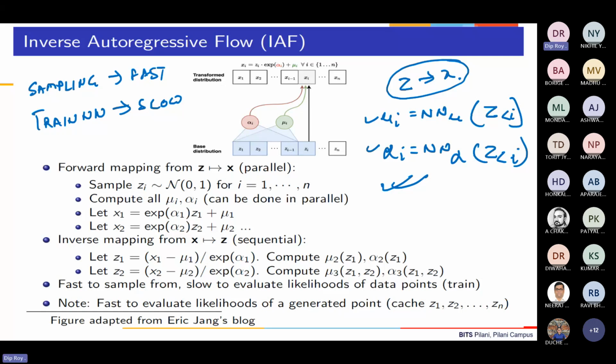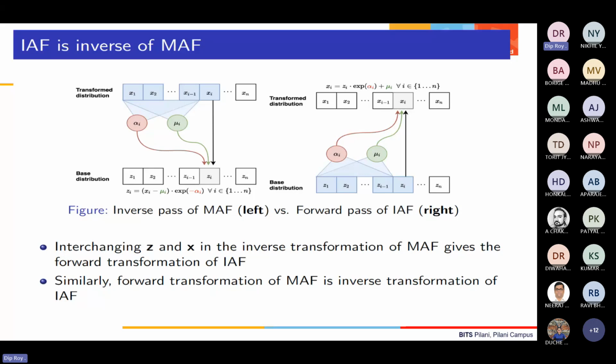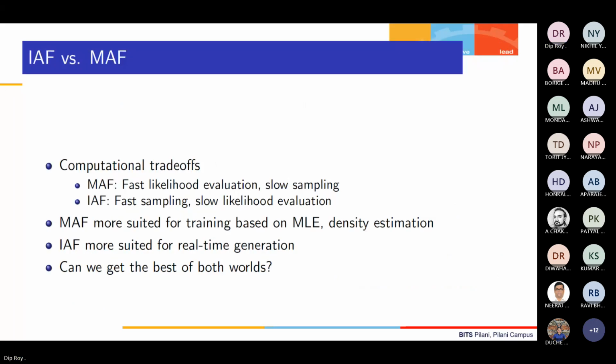Now, the key question that comes to our mind, and why we have built this entire thing, is: can we get the best of both worlds? This will bring us to the next topic of discussion, which is called distillation.